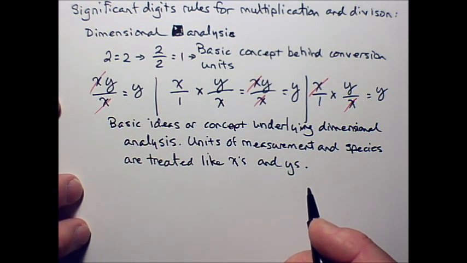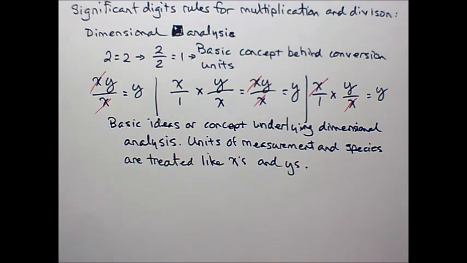Species, that's like a chemical symbol, like H2O. If I had H2O on the top and H2O on the bottom, that's like an x on the top and an x on the bottom, you can cancel them out.